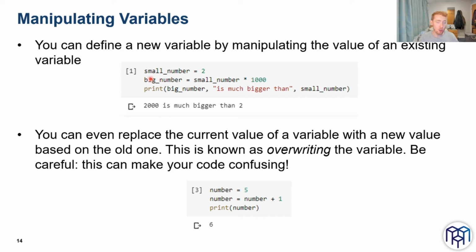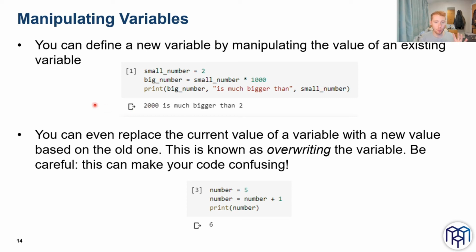Again, this shouldn't seem surprising if we understand how a variable works. When Python sees small number, it literally just replaces small number with whatever value it last remembers it being set to, which happens to be 2. So this becomes 2 times 1,000, that becomes 2,000, and so big number is 2,000. And if you go to print that out, we see that's exactly what we get.